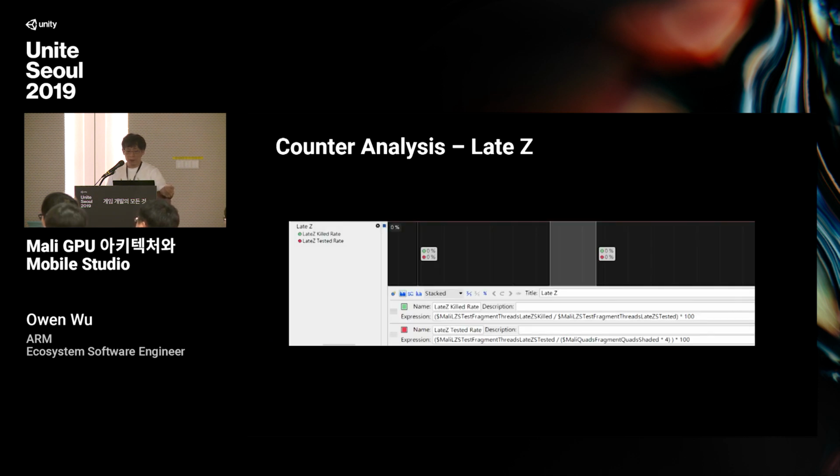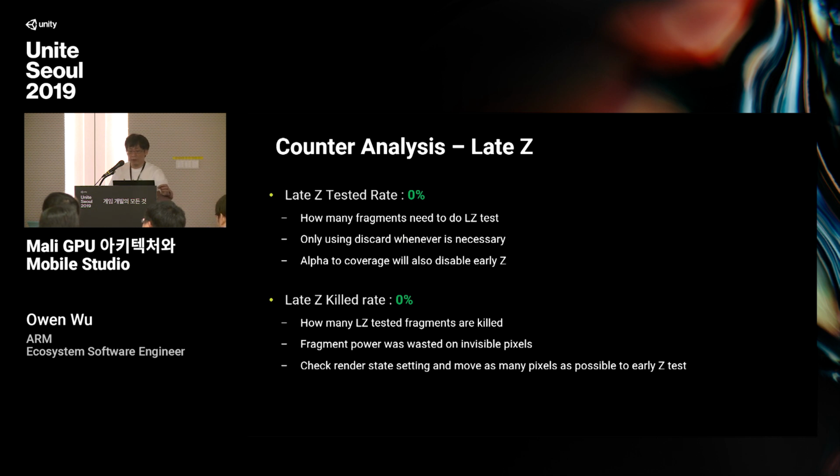Okay, the final one is about latency. With this chart, you can know how many fragments cannot take advantage of RDC, and how many fragments go to the latency queue and then are killed. That's a waste of shading power. If the latency test rate is high, that means many fragments cannot take advantage of RDC.